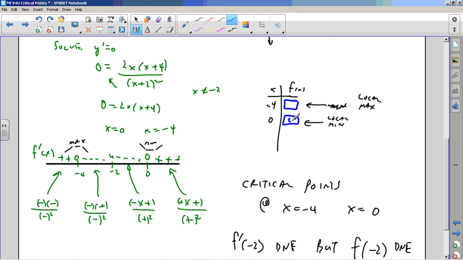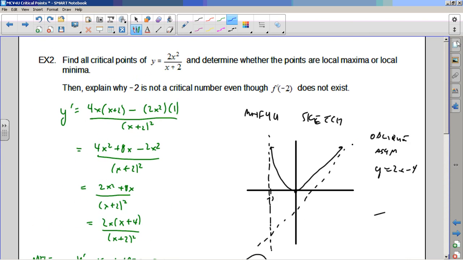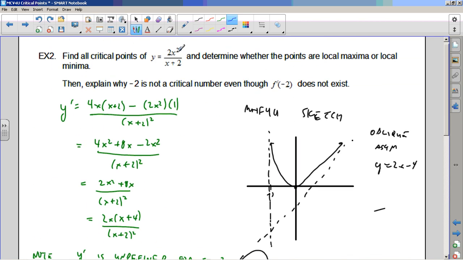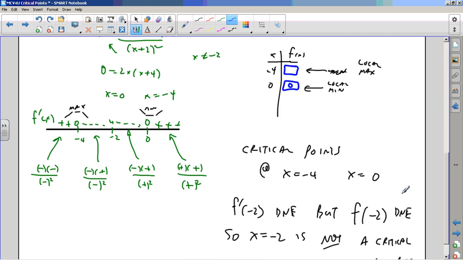In fact, that's 0. If I were to put x equals -4 back into the original function, it's 2 times 16, 32, over -2, which is -16.